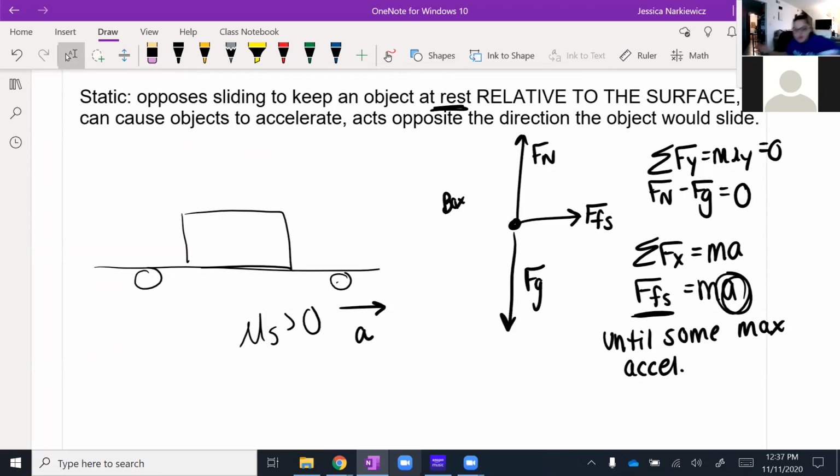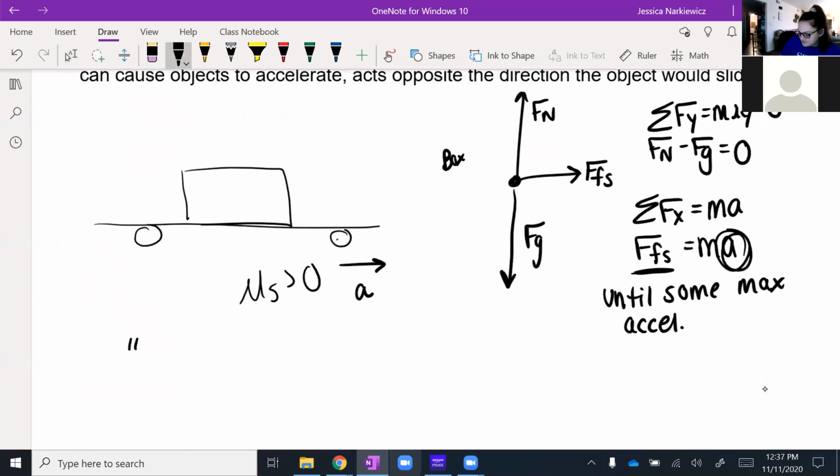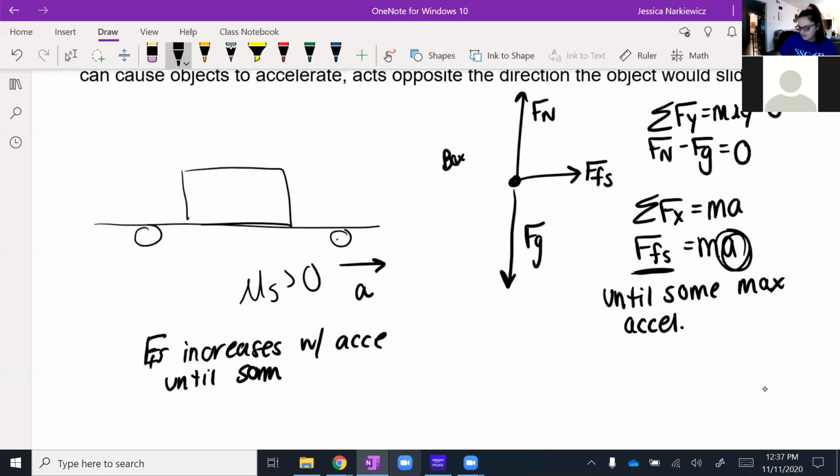I overcome the static force of friction, and my mouse ends up flying all over the place. Okay? So that static force of friction increases with the acceleration until some like break free point.